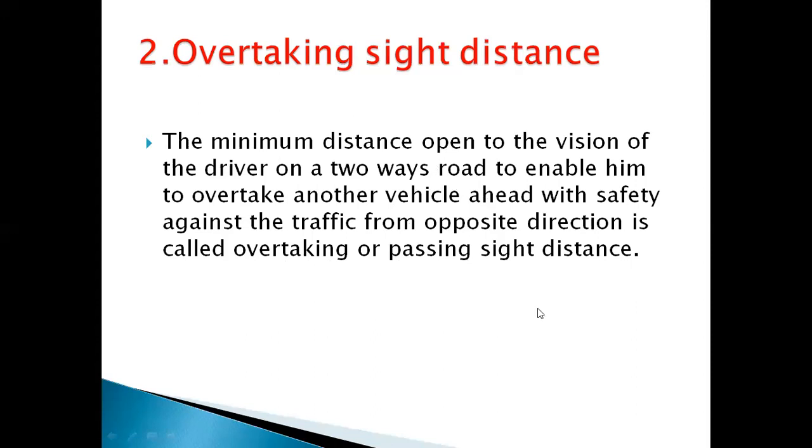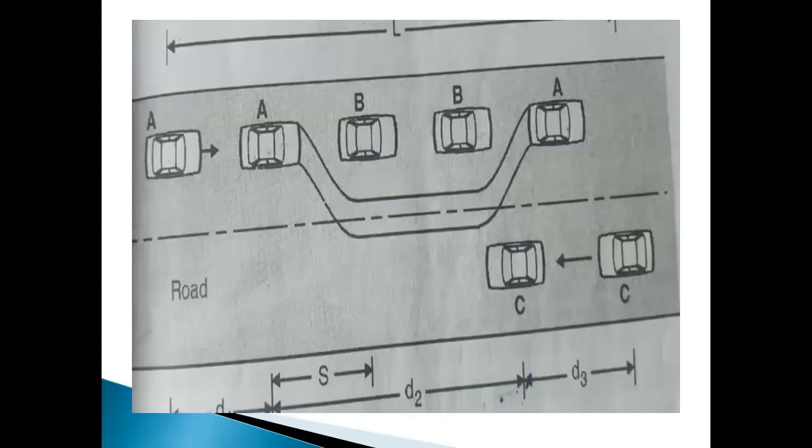Now see in this figure, vehicle A has to overtake vehicle B. While overtaking vehicle B, the driver of vehicle A should be able to clearly see the road in front of vehicle B. The distance from vehicle A to the front of vehicle B is the overtaking sight distance.